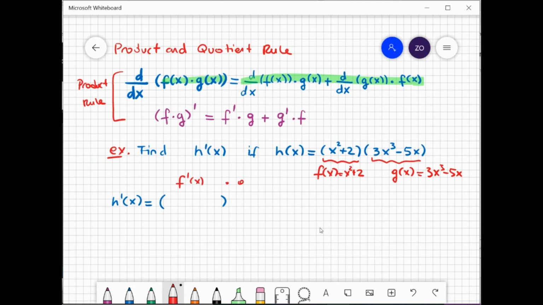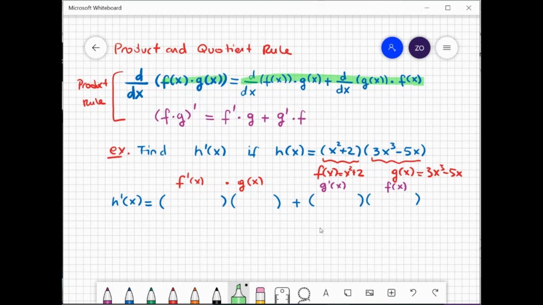We will multiply it by the g function, plus we will find the derivative of g and multiply by the f function. Okay, so they just take turns in having their derivatives.